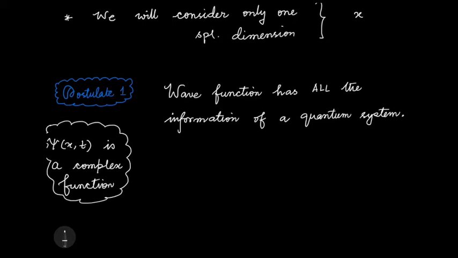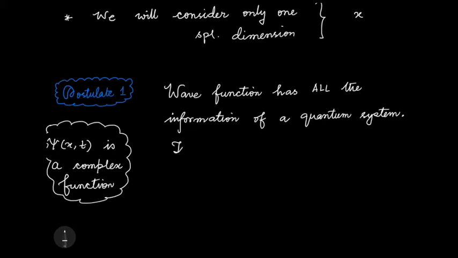Here, the wave function has all the information. Once you find out the wave function for a particular system, it has information about the potential also. And you see that it's a function of x and t, so it has to be given at all x and all t. The question is, what information does it carry?